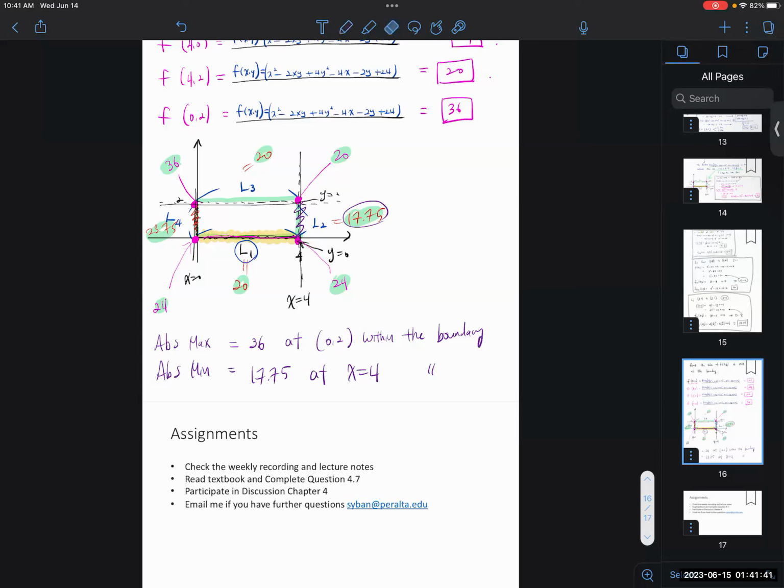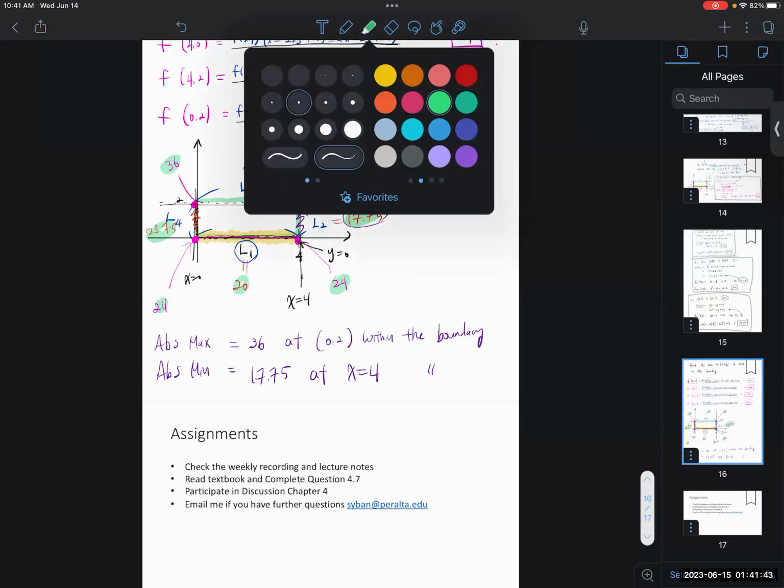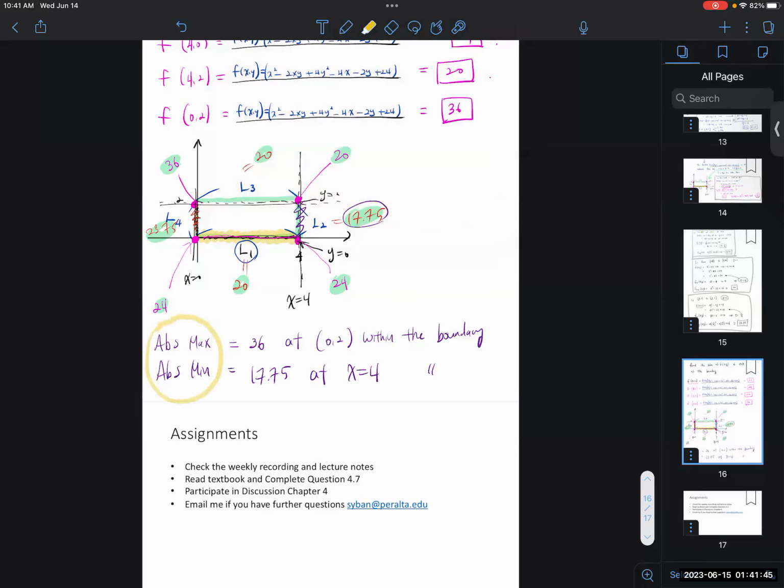To find the absolute max and min, you are given a specific boundary. In this case, we have specific equations: y equal to 2, y equal to 0 is L1, L2 is x equal to 4, L4 is x equal to 0.